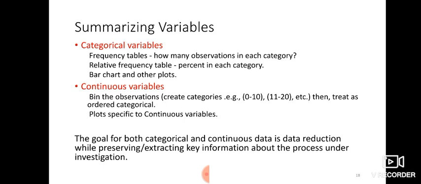For categorical variables, we can have frequency tables or relative frequency tables, bar charts, and other plots. For continuous variables, we can treat them as ordered categorical and plot them. Both will help in data reduction.